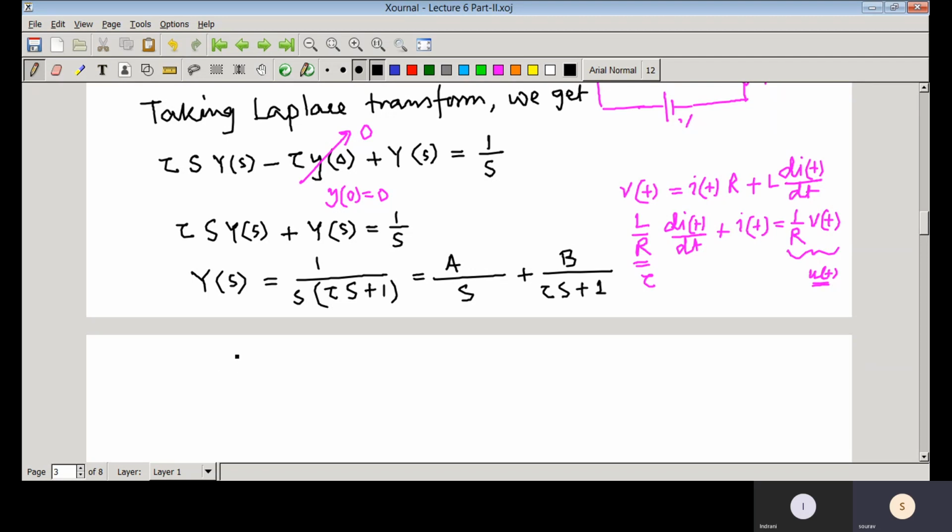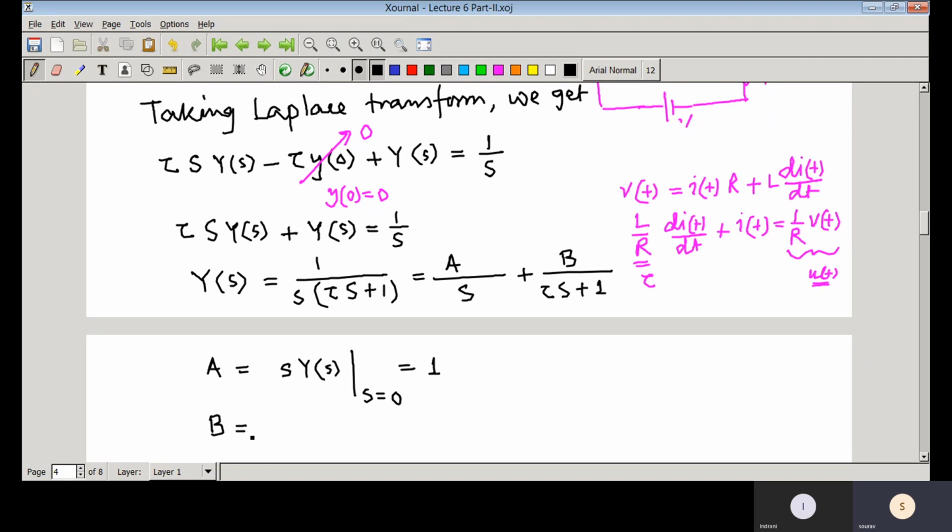Now you apply that Heaviside formula, that is a equals s Y(s) at s equal to 0, so then you get 1.